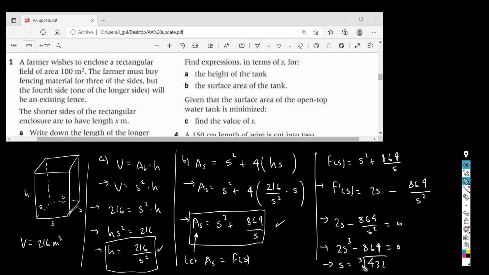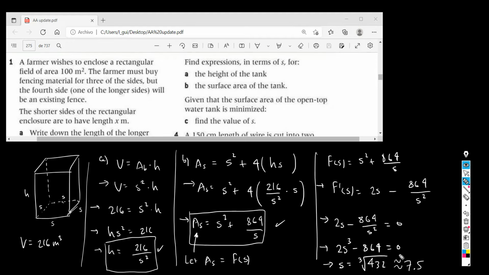So S needs to be the cubic root of 432. Let me calculate how much that is, just an approximation. That is about 7.5.